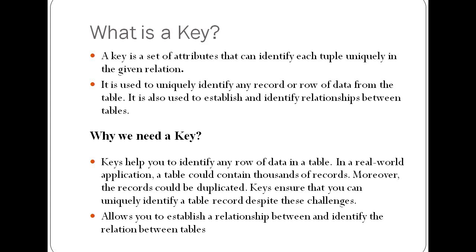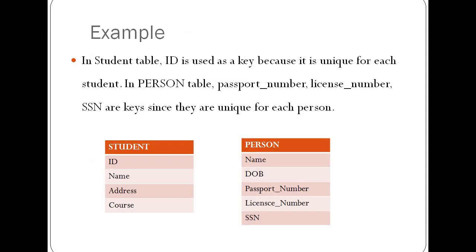In a class, two or three people may have the same name with their surname and father name, but based on the ID, we will be identifying a particular person. For that purpose, a key will be needed, and it is also used for identifying the relationships between tables.